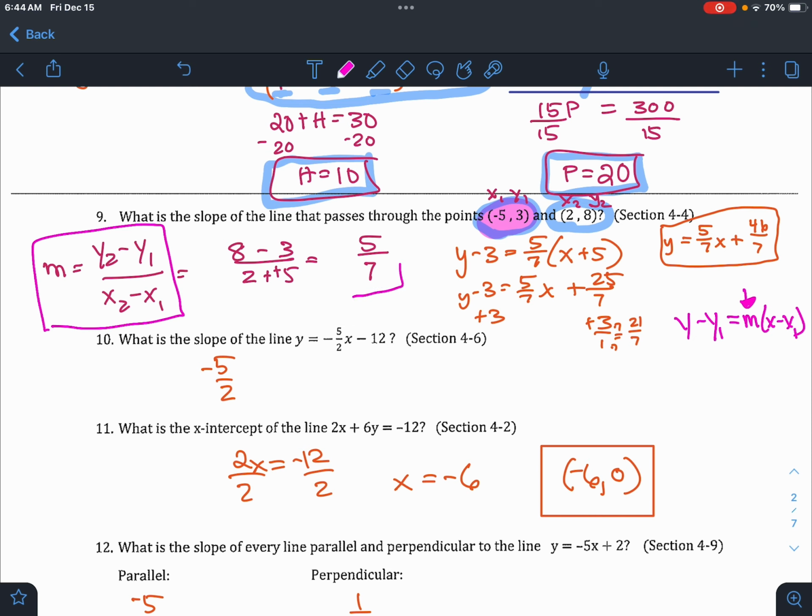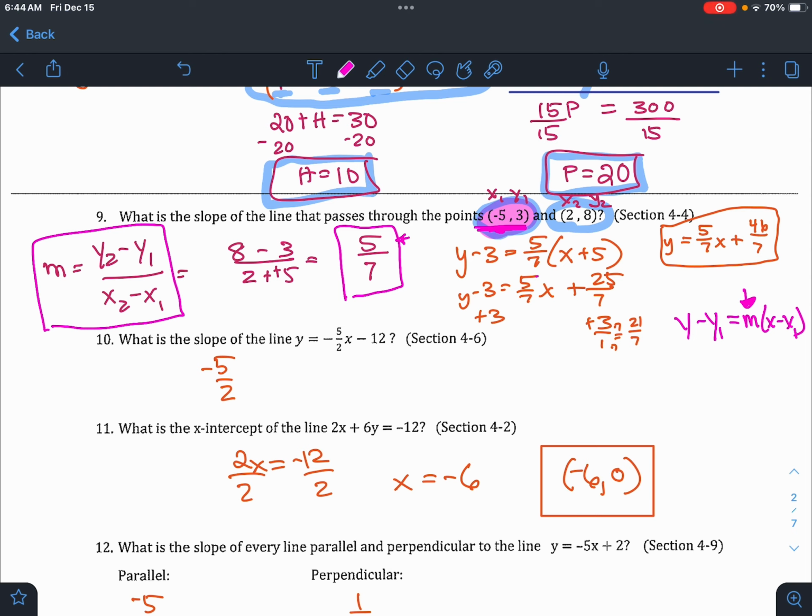Once I have the slope, I can pick a point. I chose the first point because I knew I was going to have a fraction with 5 in it, and I also had 5 in it, so I knew it would probably work out well. So I substitute that in and solve.